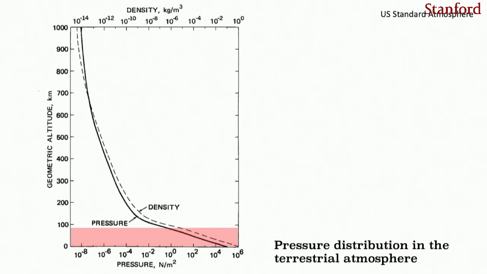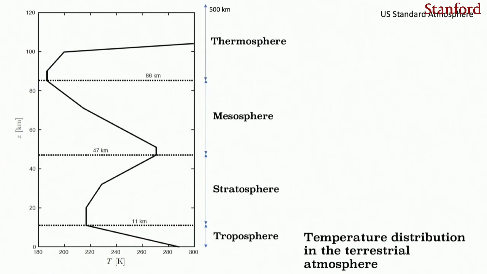That is the one that matters for hypersonics. The fact that the pressure and the density follow each other well is because the temperature does not vary that much across the red region. This can be seen in the next slide. So in the next slide, you have the altitude in the vertical axis and the temperature in the horizontal axis.